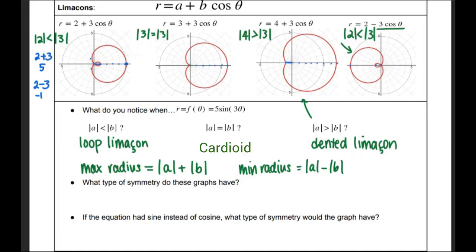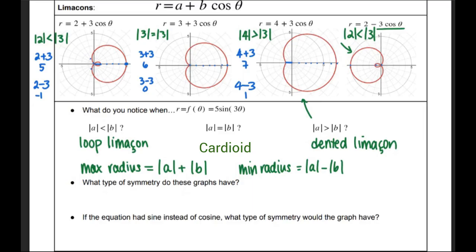That's the negative 1. For 3 plus 3 and 3 minus 3, that gives us 6 and 0. So it goes out to 6, and this is the cardioid part where it has a radius of 0. And then we've got our dented limaçon. So 4 plus 3 is 7, and 4 minus 3 is 1.